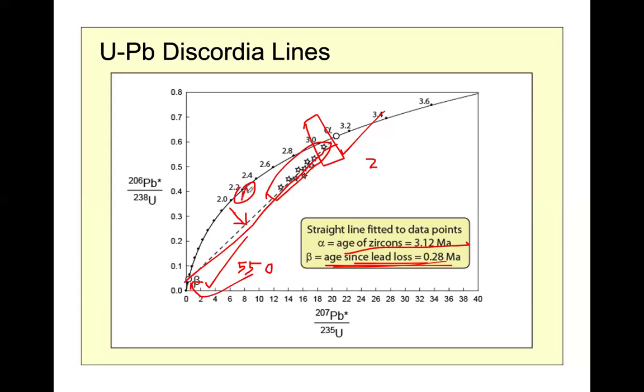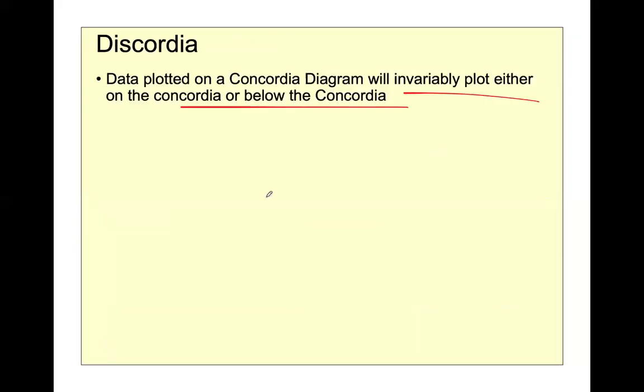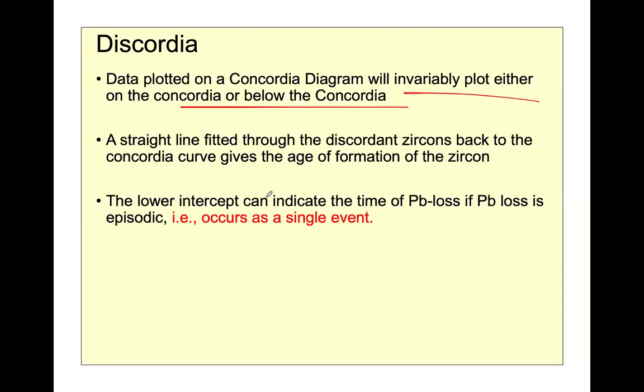So there can be a discordia, but it's very close to the Concordia. But here you have a very distant discordia. So this is a straight line you can fit through and get some important dates, the upper intercept age and the lower intercept age. Always remember the lower intercept age represents the lead loss event, right?